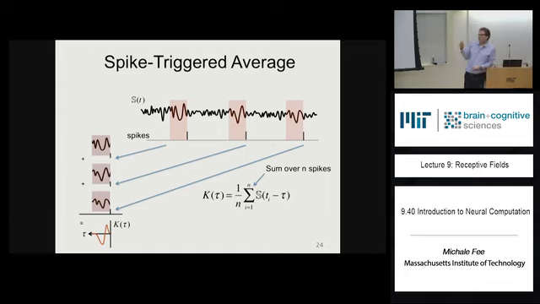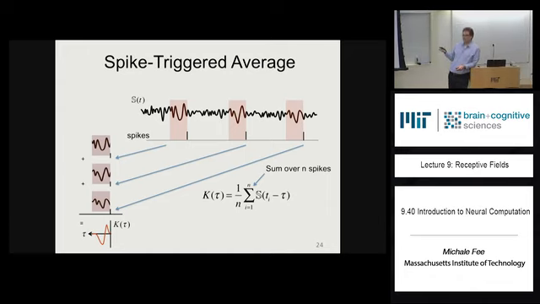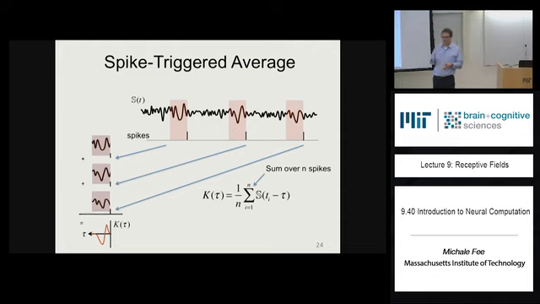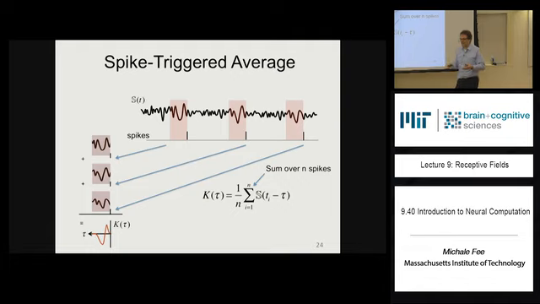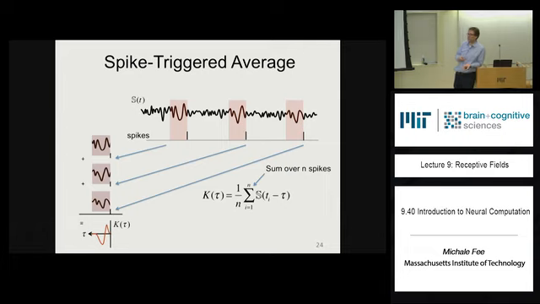Now, of course, you can't ever make a noise that truly has a flat spectrum, right? You can only make things fluctuate as fast as your experimental setup can make them fluctuate. So things eventually fall off. Fortunately, neurons tend to have receptive fields that only have fluctuations on the scale of 10 milliseconds, or maybe a millisecond in extreme cases. Maybe in the auditory system, you might get a little millisecond. And that's generally pretty slow for an experimental setup, okay?